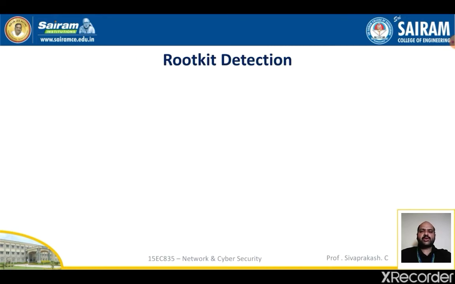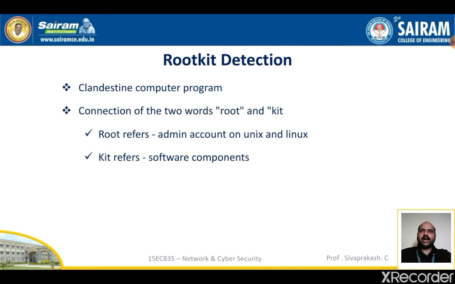Move on to the next one, rootkit detection. What actually is a rootkit? A rootkit is a clandestine computer program designed to provide continued privileged access to a computer while actively hiding its presence. The term rootkit is a combination of two words actually, root and kit.